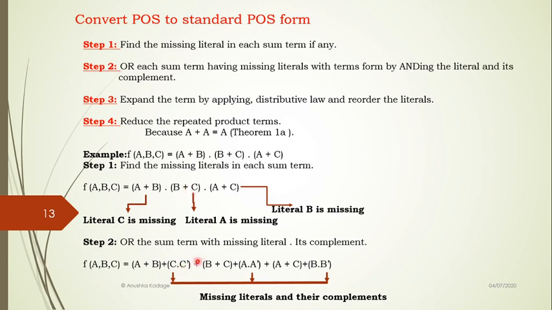Then the second term, that is B ORed with C, will now be ORed with A ANDed with A complement. Then A plus C is taken as it is. B term is missing, so B and its complement ANDing will be ORed with this.